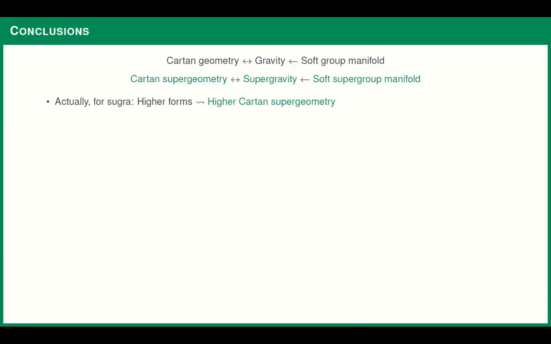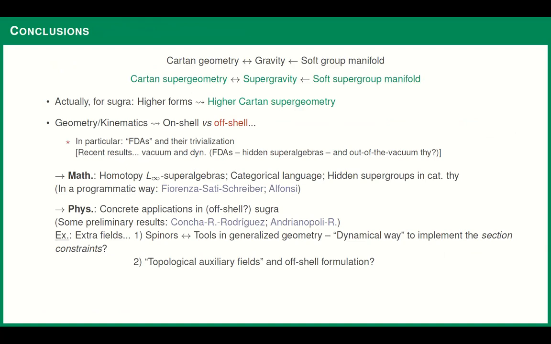And so, okay, this is just to conclude that we have seen how to move from Cartan geometry to Cartan supergeometry. Well, actually, better said, from gravity to supergravity within a Cartan supergeometric framework, that is the supergroup manifold one.